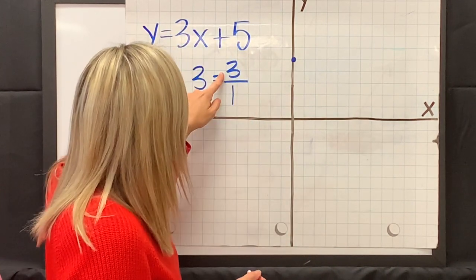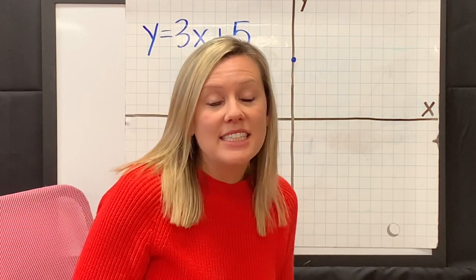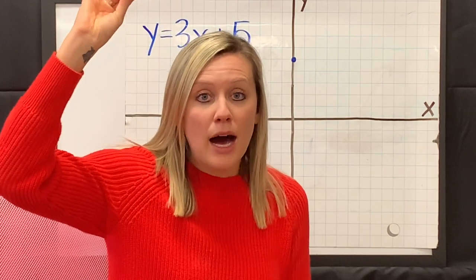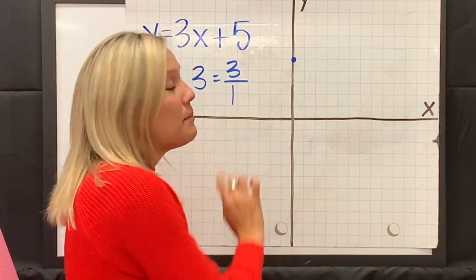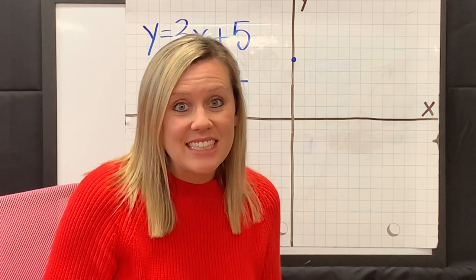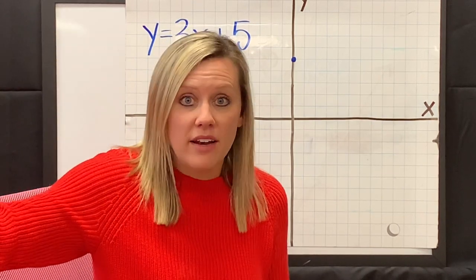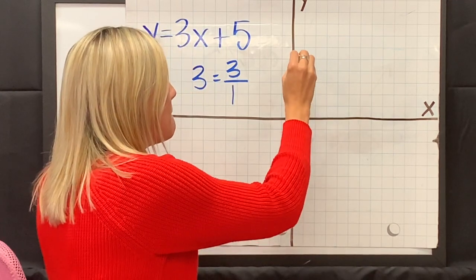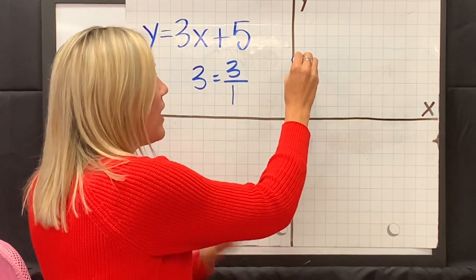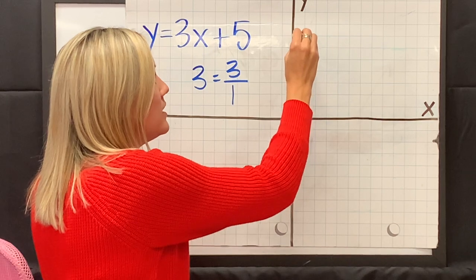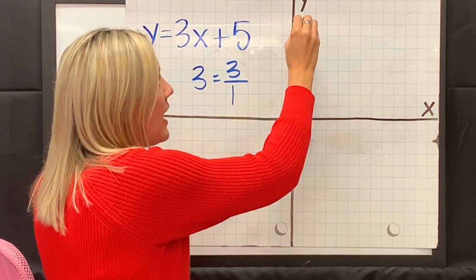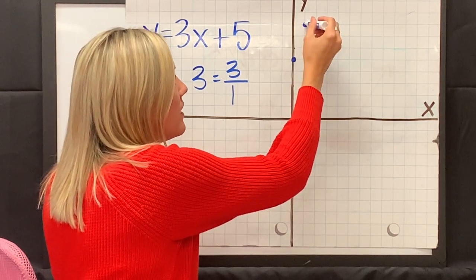So the top number is going to tell you how much you rise up. And this bottom number, the denominator, is going to tell you how many units you run. Rise over run. Okay, so I have my marker right here, and I am going to rise 3, 1, 2, 3, and I am going to run 1.